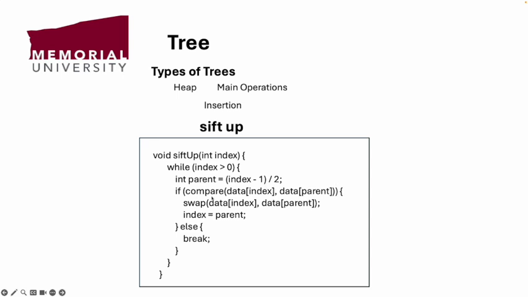If it needs to be swapped, redefine the index to the parent. Otherwise, if they don't need to be swapped, just break. Once you finish that, you become a heap structure. This is shift up. What is the time complexity for this process? Log n.